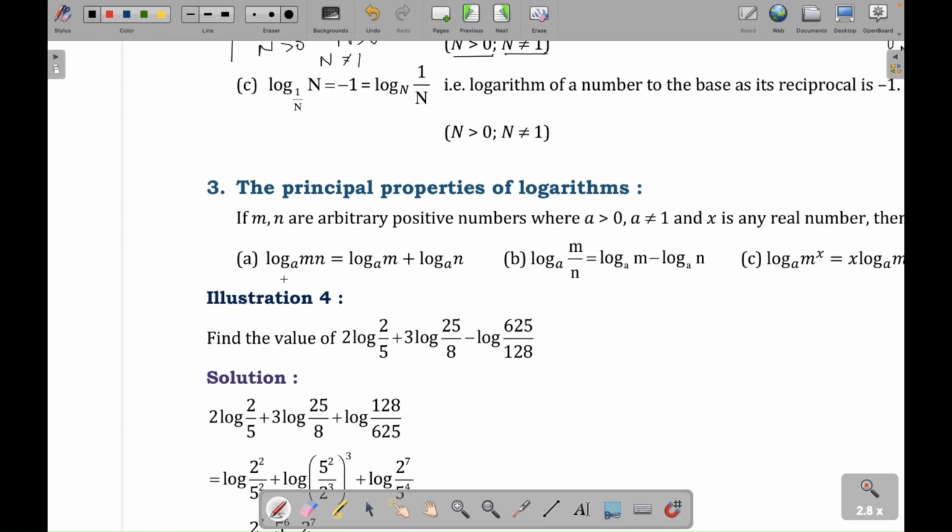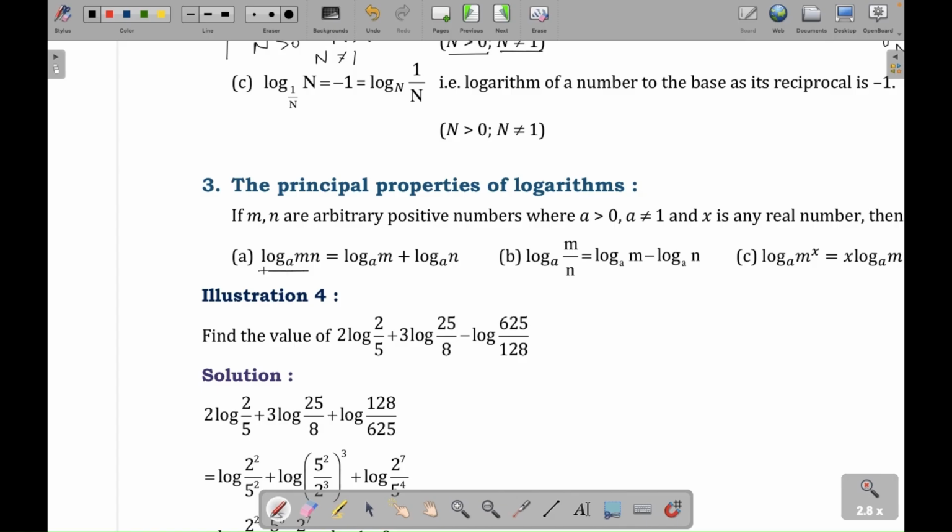Then you have a few more properties. This means log a mn is equal to log a m plus log a n. You can relate it with power. When you are multiplying two numbers, their powers add up. Log is essentially power.